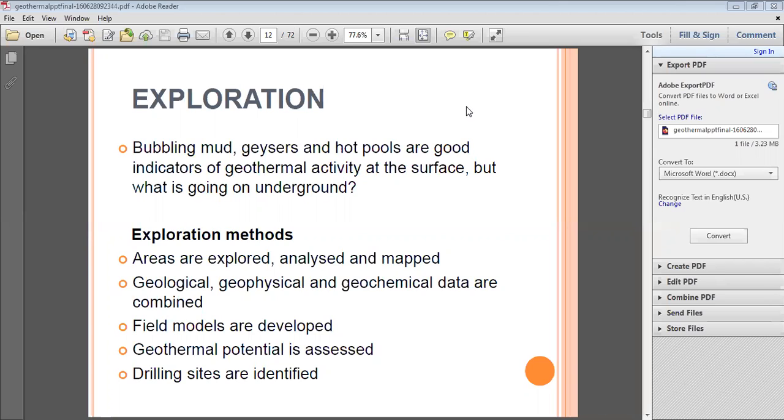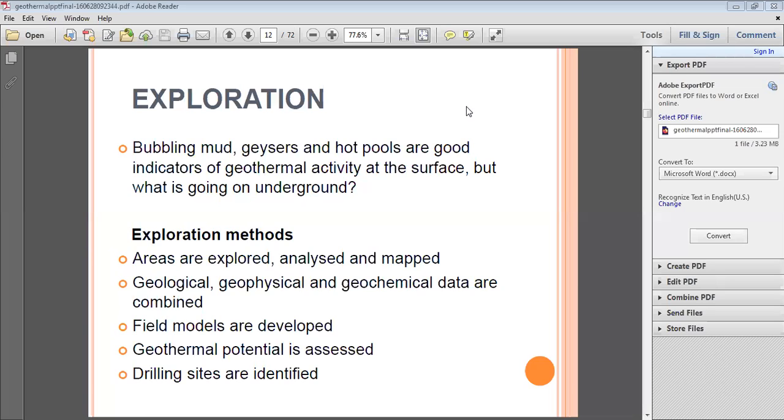Geophysical is the structure of rocks, how many oceans there are, how many mountains there are, and how the surface is behaving. Then geochemical is what chemicals are stored in this part, what chemicals constitute it. So we combine all three: geological, geophysical, and geochemical data.